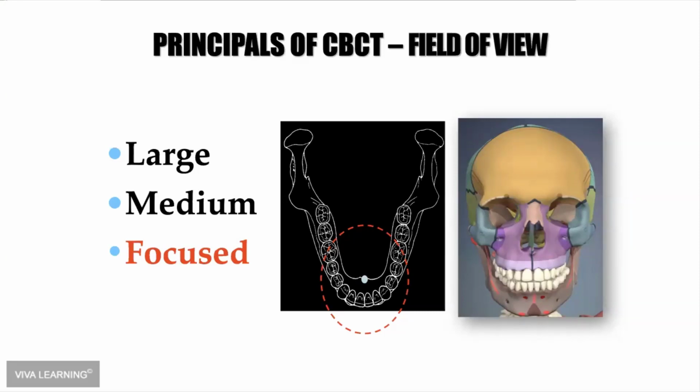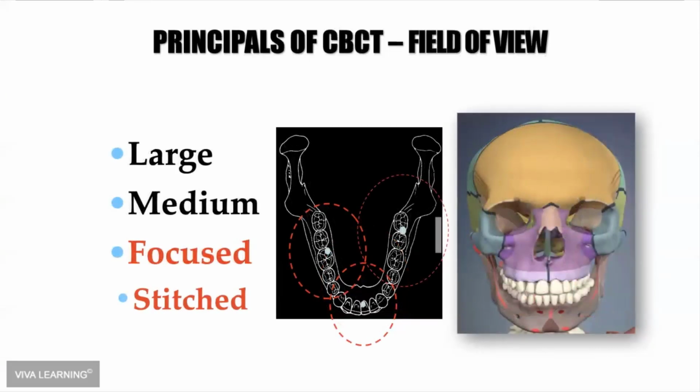So that's focus. But what you can do, and I would suggest not doing, is stitch all these focused areas together to get a bigger image. This was done more years ago, but there are still machines out there that do this. I would shy away from this, strictly because there are errors that are potentially introduced by stitching all of these smaller areas together.